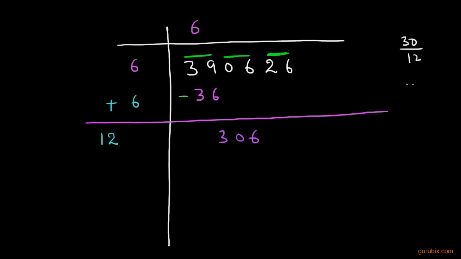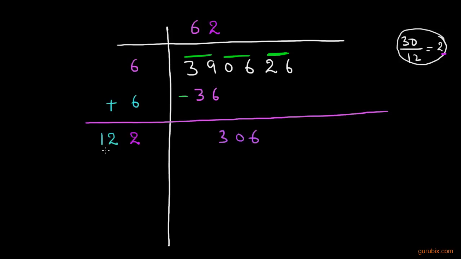If we divide 30 by 12, it goes 2 times. So the next digit in the quotient will be 2, and we shall write this 2 here and here.